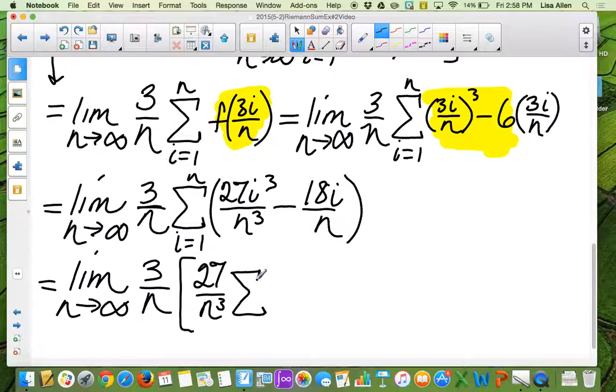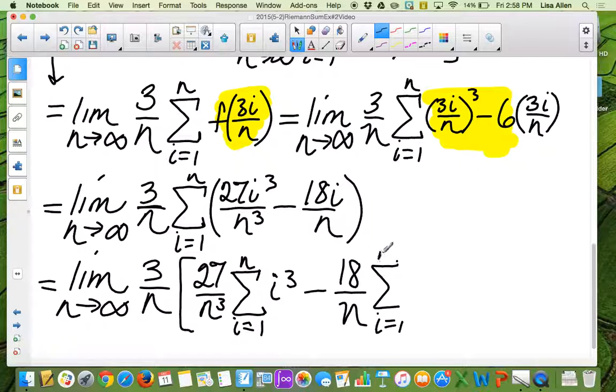Did I make a mistake there? No, okay. I'm going to split these summations up. I cubed, and then I'm going to write this as the difference. I'm going to take this 18 over n, and then take the summation from i equal to 1 to n of just i.